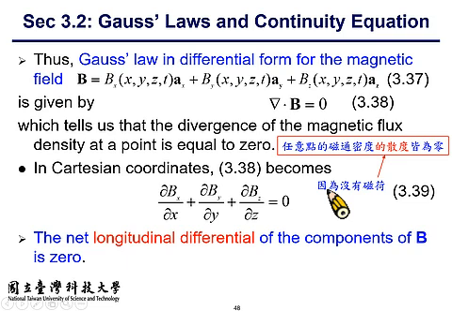If the result equals zero everywhere, then this shall be a legitimate magnetic flux density. So to check whether a magnetic flux density is legitimate, you check its divergence, which must equal zero everywhere. The reason is that we have no magnetic charge, so the net longitudinal differential of the components of B shall equal zero at any time, anywhere, because there is no standalone magnetic charge.